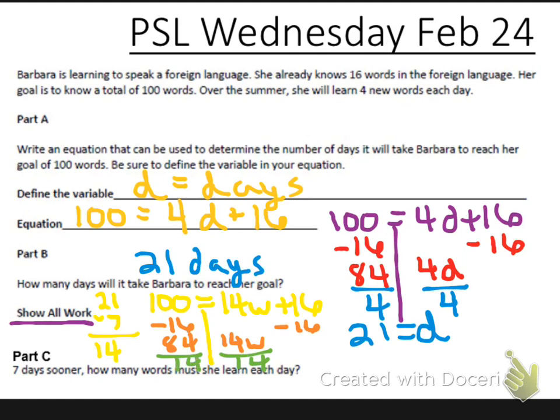And 84 divided by 14 is going to be 6. So if she were to learn 6 words per day, she would be able to learn it 7 days sooner, or in 14 days.